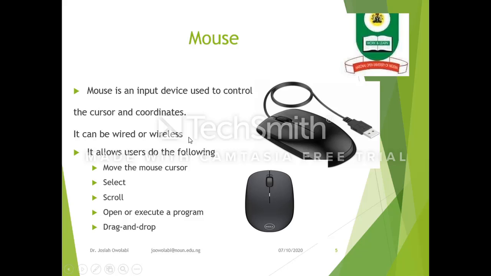You can move your cursor. Look at it, I'm able to move up, move down. You can use it to select. I'm using a slideshow now so I cannot demonstrate that, but you press your shift and then you move your mouse and it selects the text for you, right? Then you can use it to scroll, move up, move down, and to open a program.